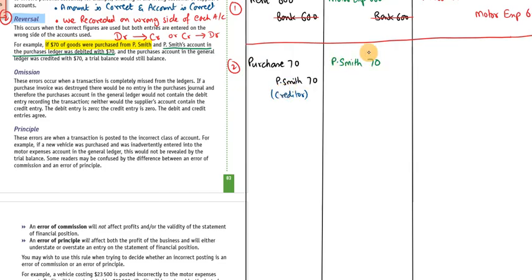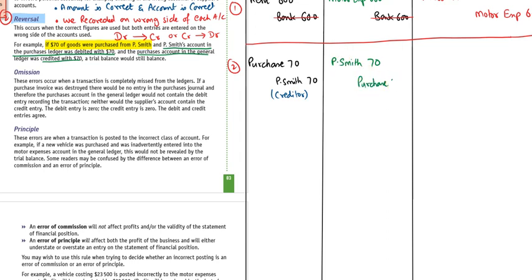We debited P Smith, and the purchase account in the ledger was credited by 70. So we wrongly wrote the entry: the debit we wrongly wrote in credit, and the credit entry we wrote as the debit entry.